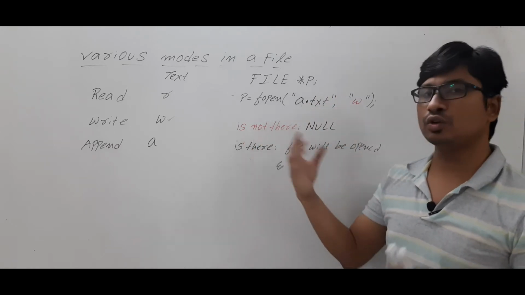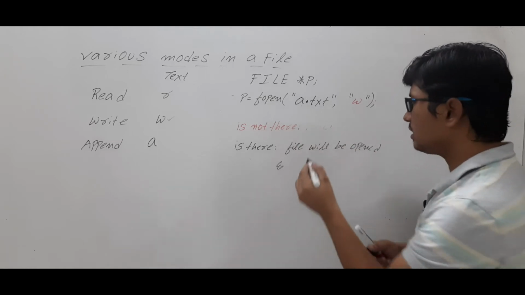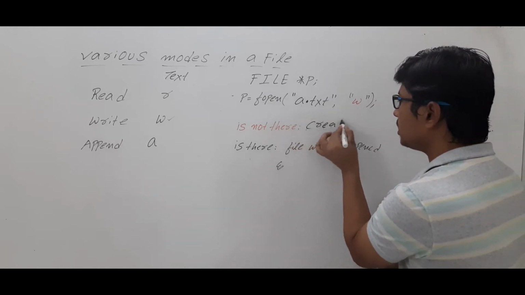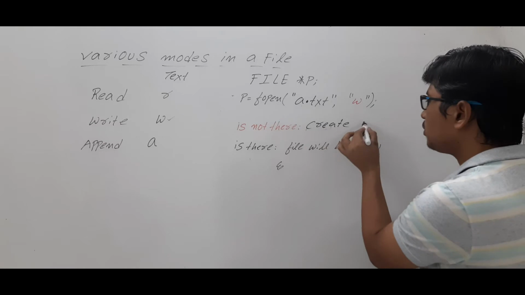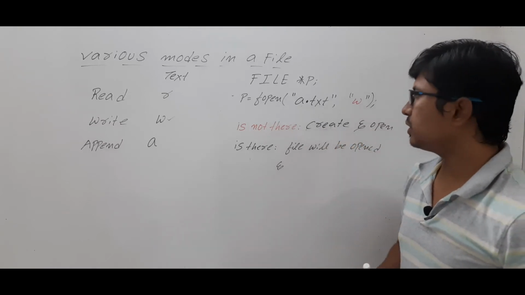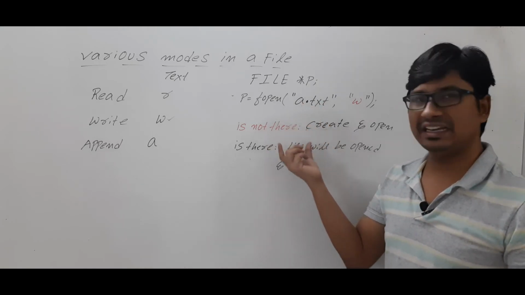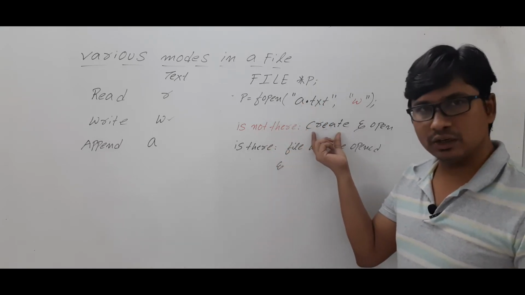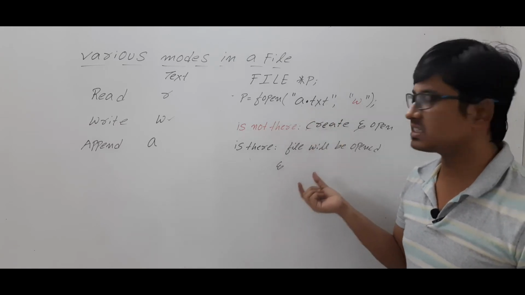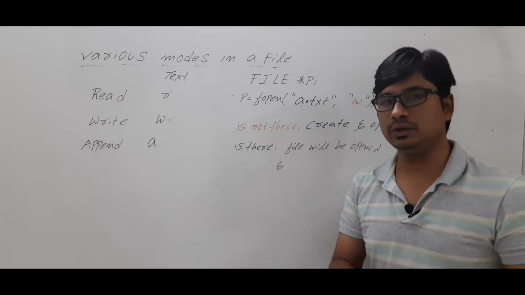If the file is not there, then what will happen is that it will create a new file called a.txt and open it in the write mode. Are you able to understand? Whatever the file you want to open in the write mode, if the file is not there, then it will create a new file with the name a.txt and open the file, and after that whatever information you want to write, you can write it.